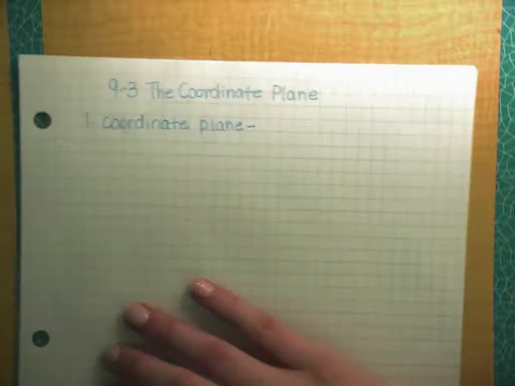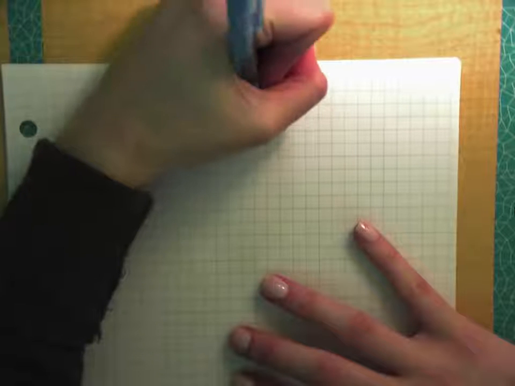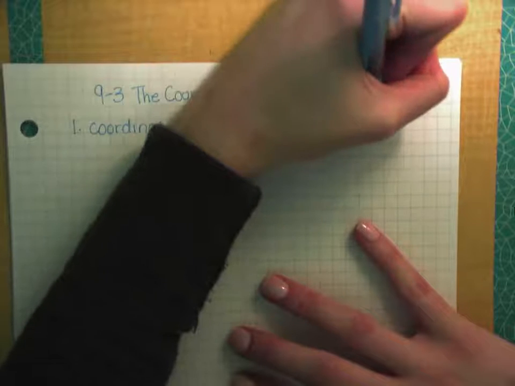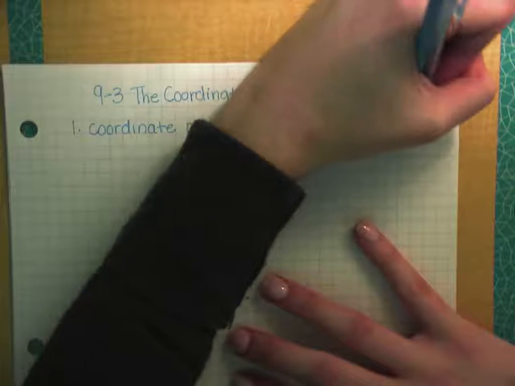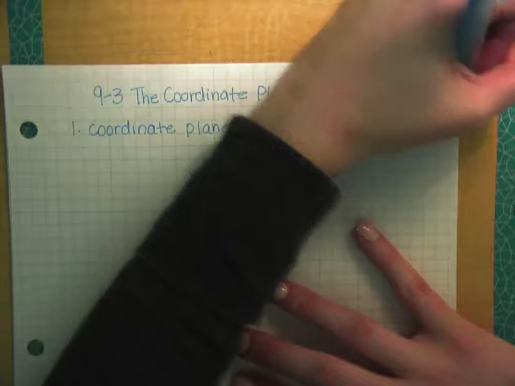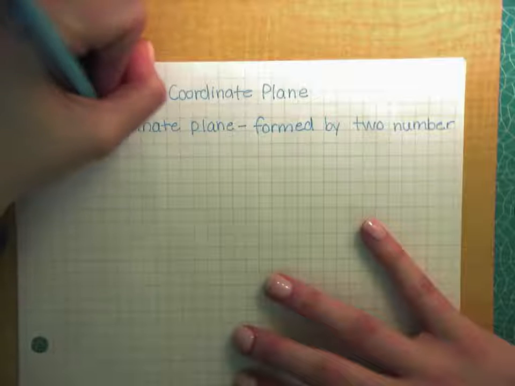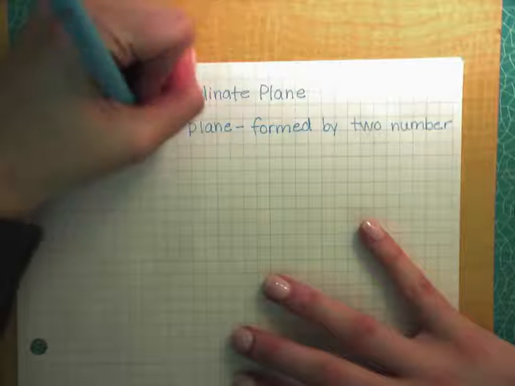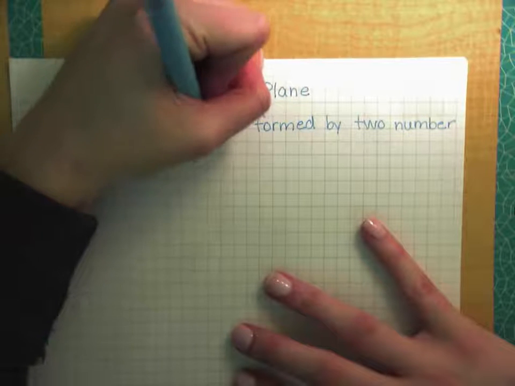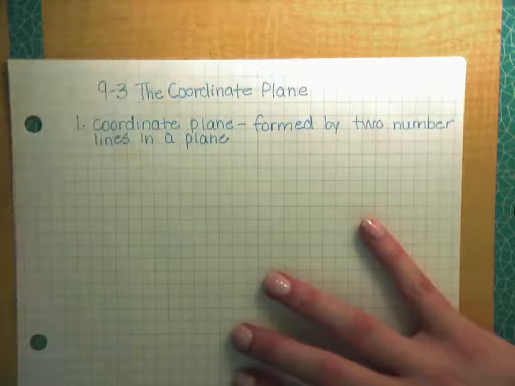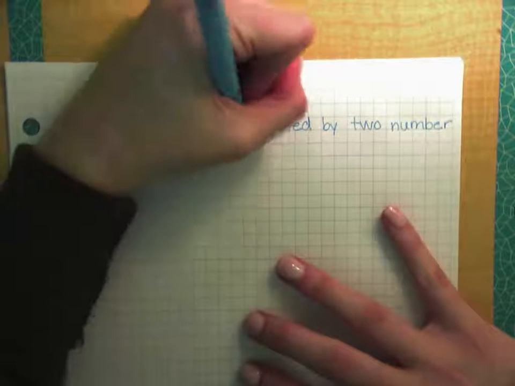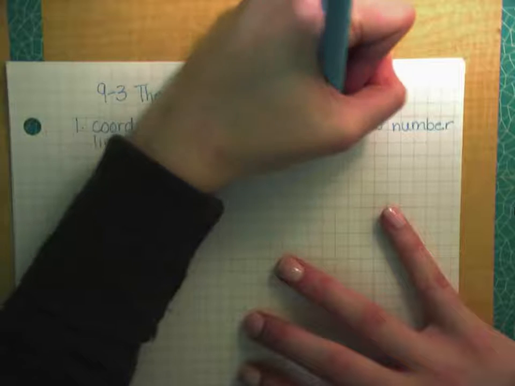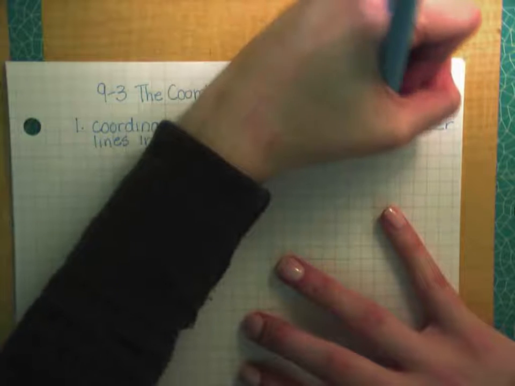Okay, and the coordinate plane is formed by two number lines in a plane that intersect at right angles.